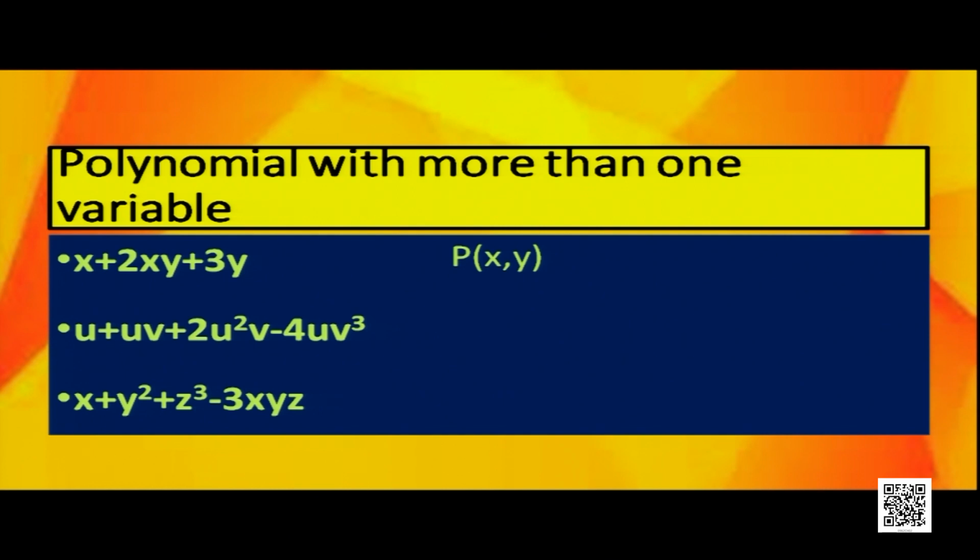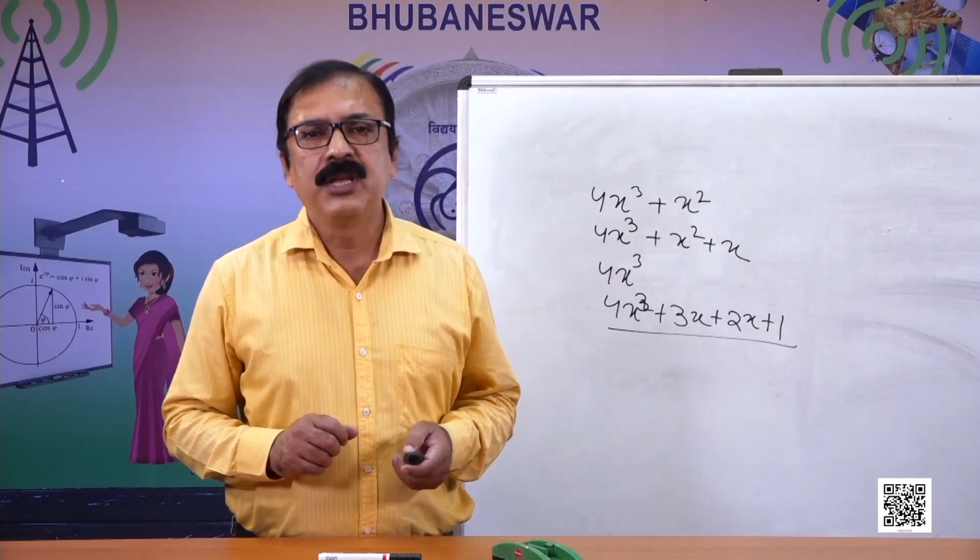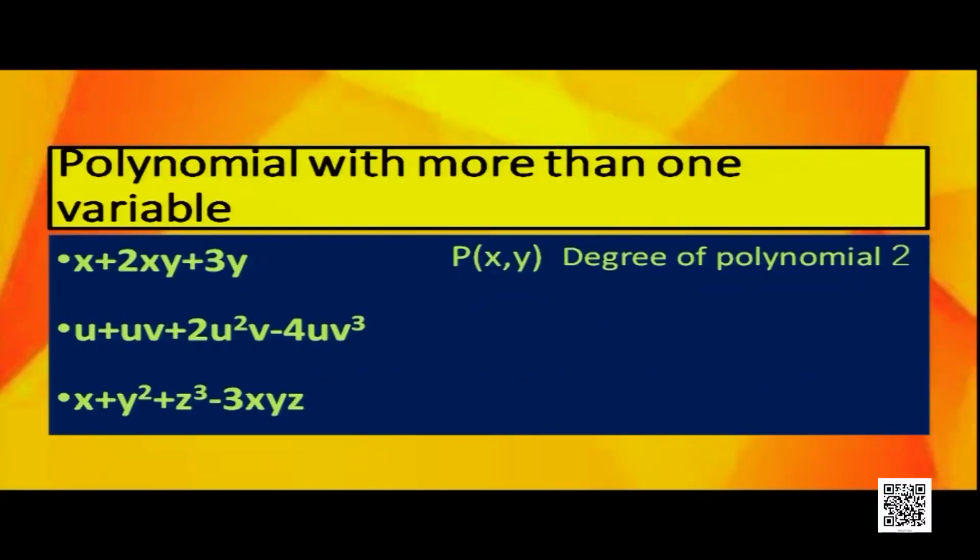To find the degree of a polynomial with more than one variable, we have to add the exponents of the variables in each term. In 2xy, the sum of the exponents of x and y is 2. So here the degree of the polynomial is 2.